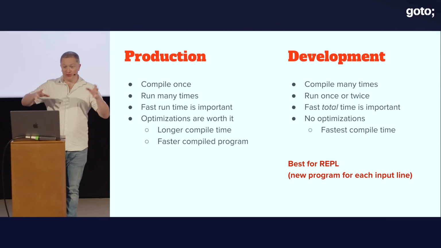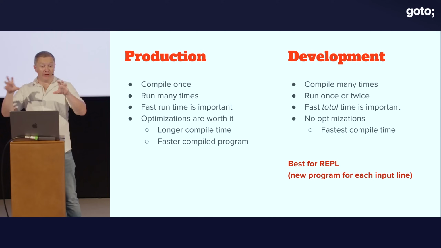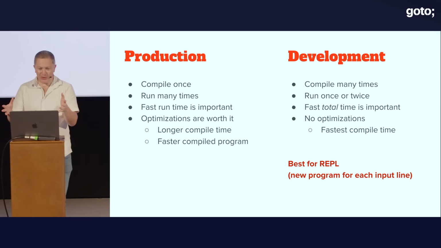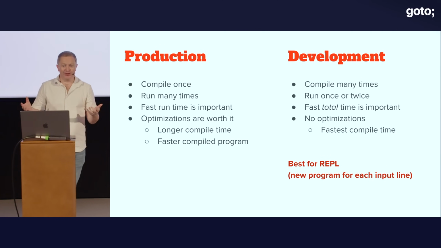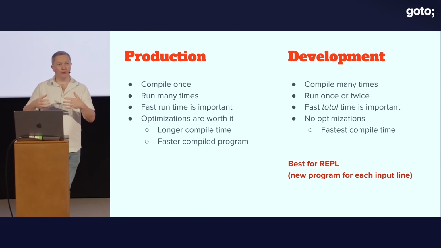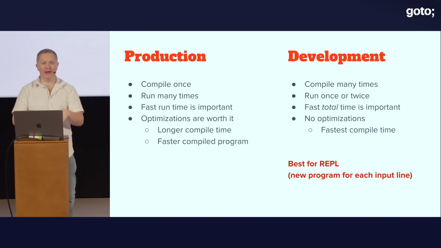And so what we noticed was that for this development scenario, we already had the compiler structured with entirely separate code paths for these. And what we noticed was the development side of this is much better for the REPL use case, because you're only going to run the code one time, because the next input line, we're going to have a new program. We're going to compile that again.